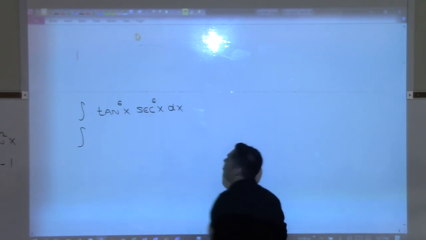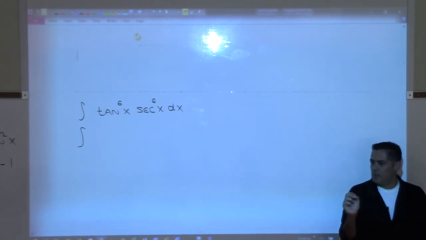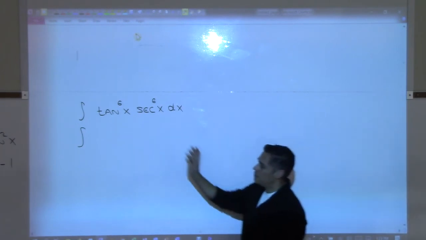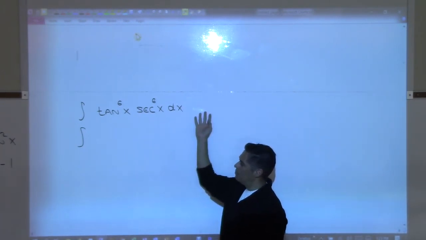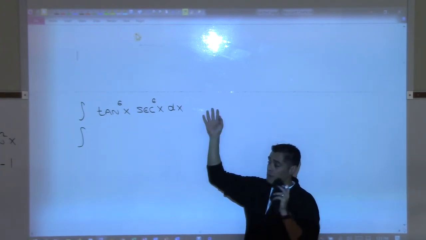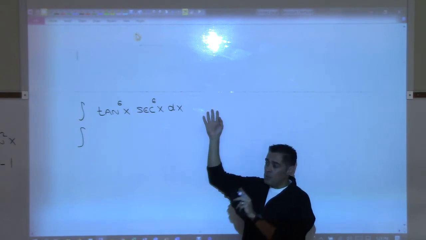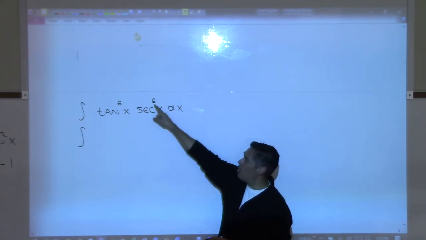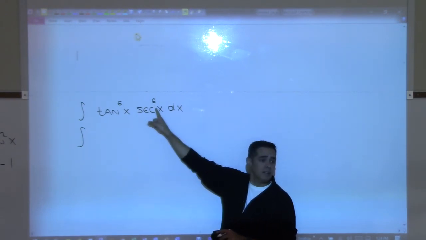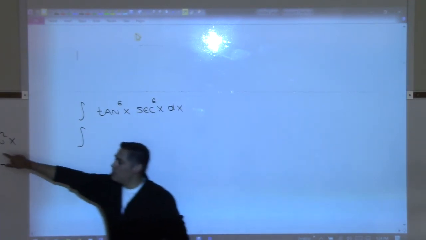Why does this method say if we see an even power, we peel off secant squared? Because you need that squared to be able to get your proper derivative. That's right. So we know that we need a secant squared out here because that's the derivative of tangent, right? So that's important. However, there's something also more important than that, and that is if we start even here and we peel off squared, what's still here? Even. And you need even on this in order to use this.